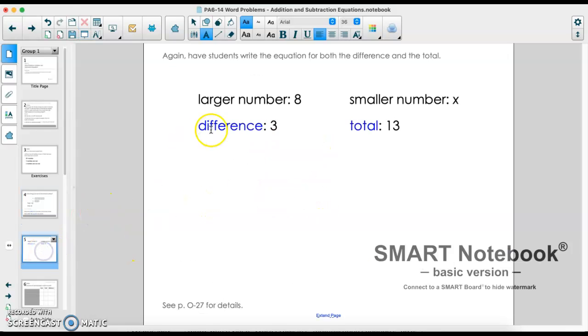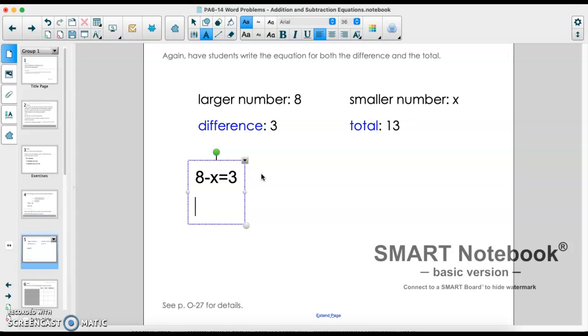Okay, now we can again write the equation for both of these, right? So if we have a large number 8, the smaller number is X, the difference would be 3, and the total would be 13, right? And so if we do 8 minus, so the large number minus the smaller number equals 3, that would be our one equation.